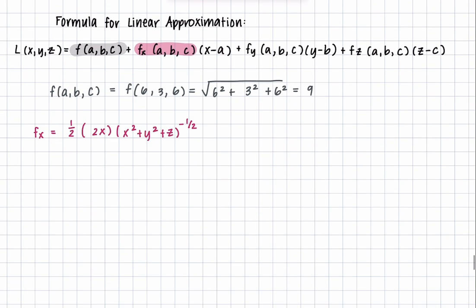If I simplify this, I get that the partial derivative with respect to x is x over the square root of x squared plus y squared plus z squared.